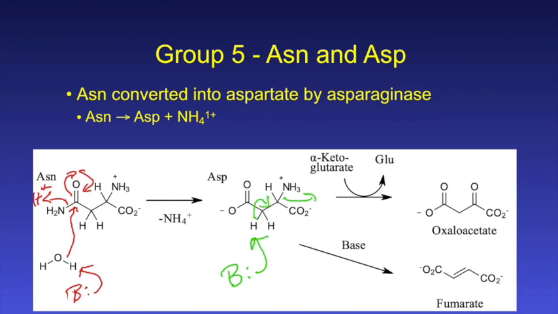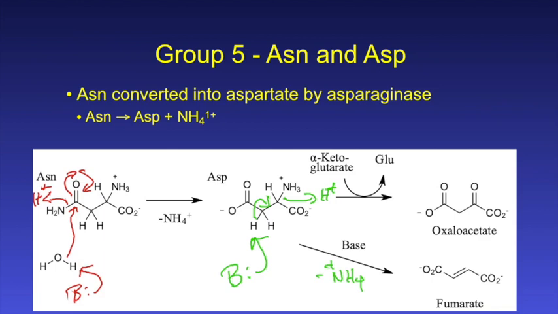And the leaving group would be NH4 plus. If I gave you that as a test question, I would give you NH4 plus as the leaving group. So I would tell you what the leaving group is. I will not let you know that there's a base and an acid there, because there is always a base and an acid there.